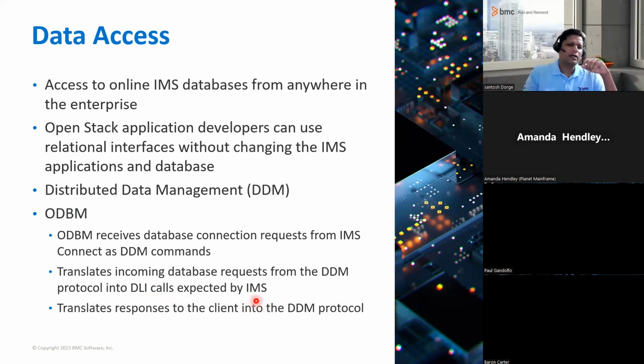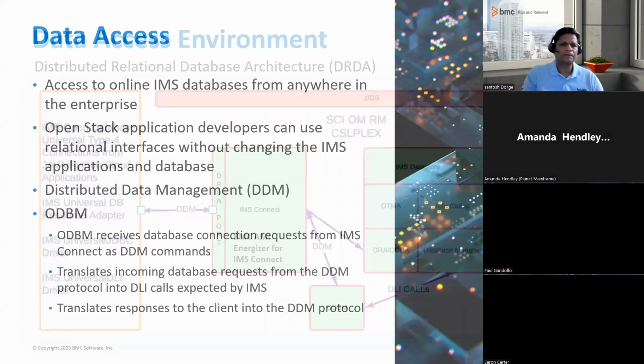And then IMS data manager gets the information to the ODBM, and ODBM returns it to the IMS Connect and the client application. Okay, that's what this line says. Translates response to the client into the DDM protocols.